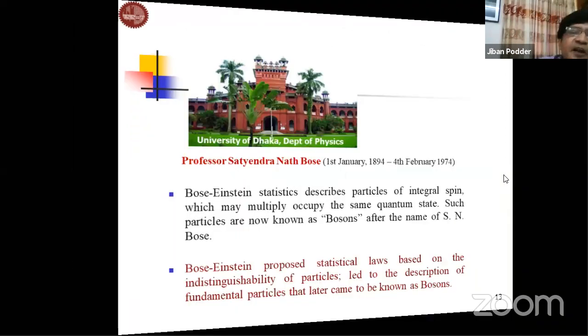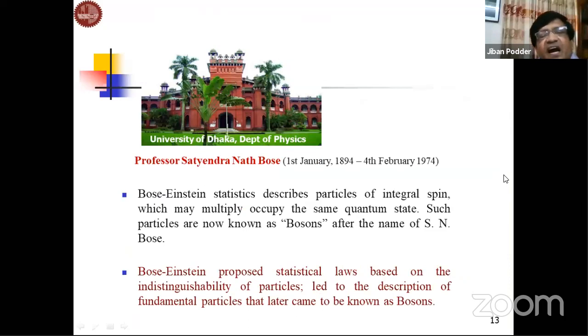This is the Department of Physics, University of Dhaka. We are very much familiar with the Higgs boson and the boson particle. These particles are indistinguishable, and this particle was discovered by Professor Satyendranath Bose. He was a teacher of this Department of Physics.